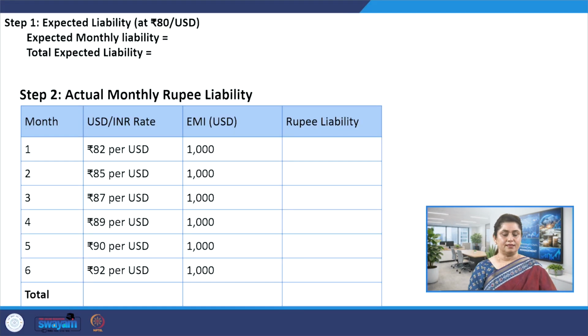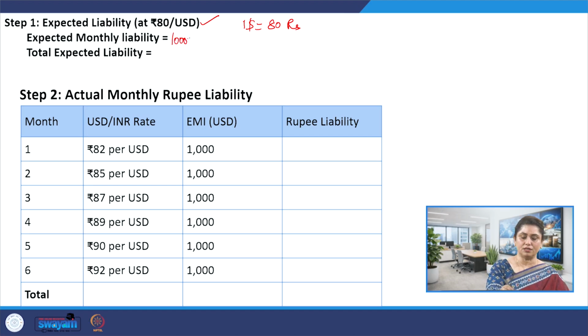Now let's see, if the dollar had remained at 80 rupees throughout the loan repayment period, what would have been the expected monthly liability? Now here we are giving $1,000 every month as an EMI, and 80 rupees is the conversion cost of dollar to rupees.